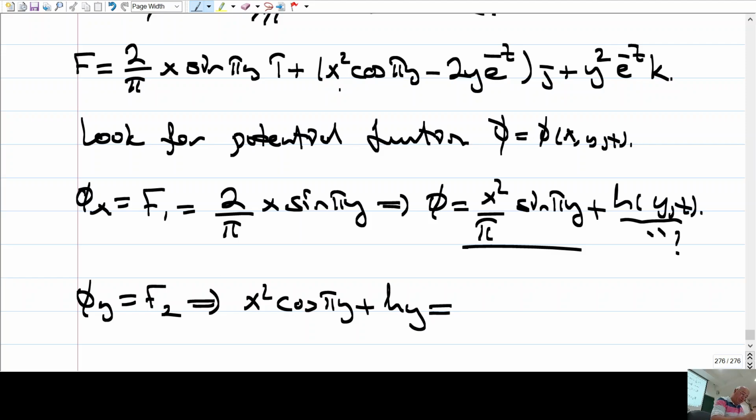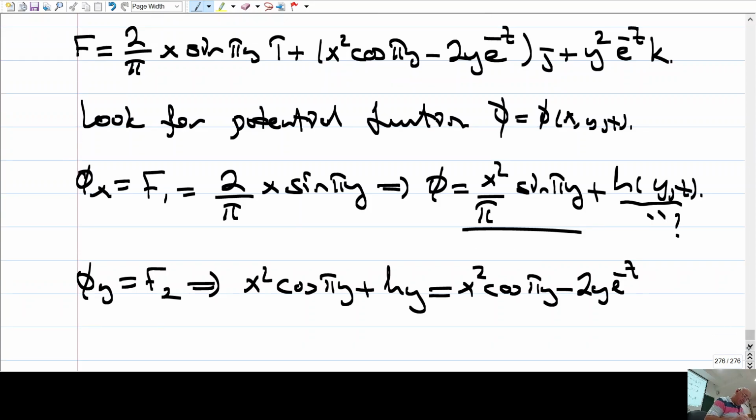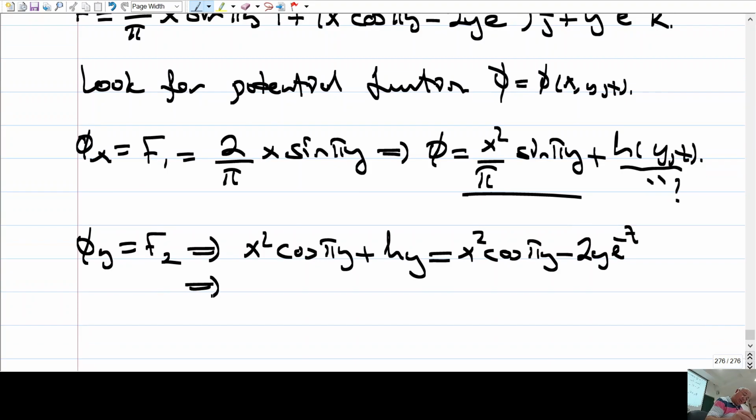It should be F2, which is x squared cosine pi y minus 2y e to the power minus z. So these are the same, and h sub y should be minus 2y e to the power minus z.